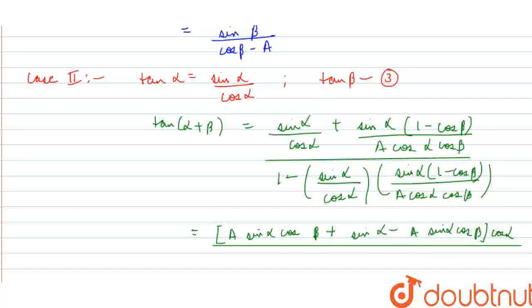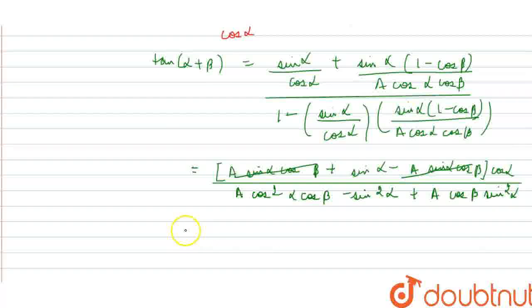I am getting in the denominator a cos square alpha cos beta minus sine square alpha plus a cos beta sine square alpha. Now this term would be cancelled with this term, so in the numerator we are left with sine alpha cos alpha.